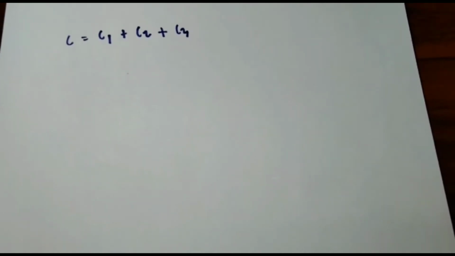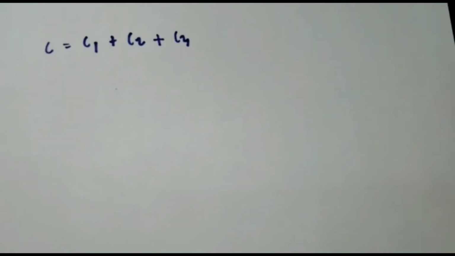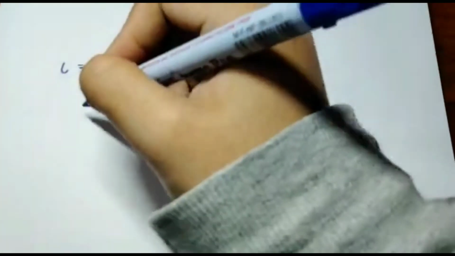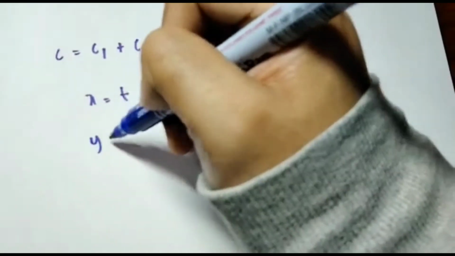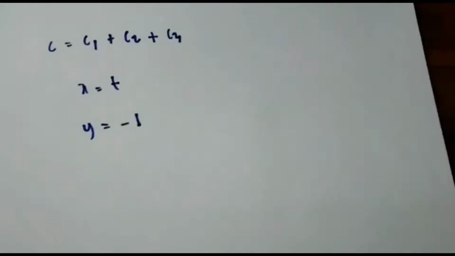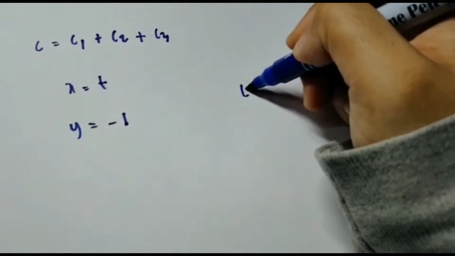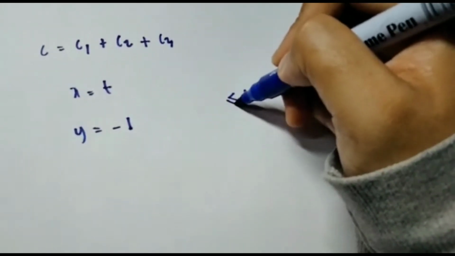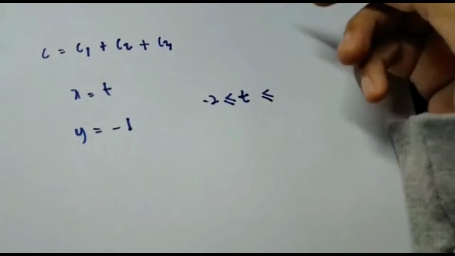As far as C1 is concerned, because it's a line segment, we use the same parameterization, and say that x equals t, y equals -1, and the parameterization range is t between -2 and 0.